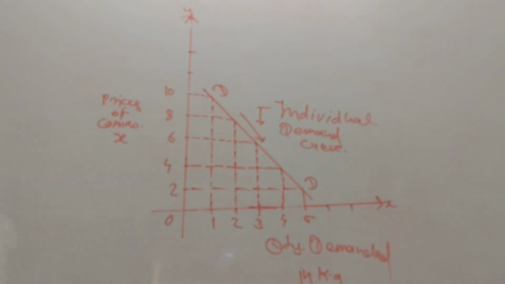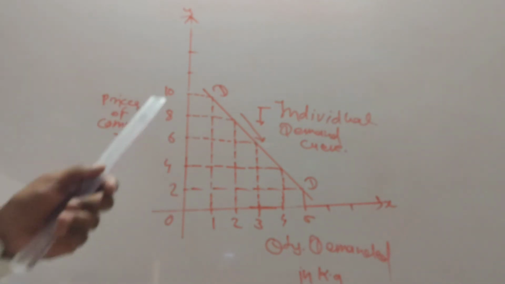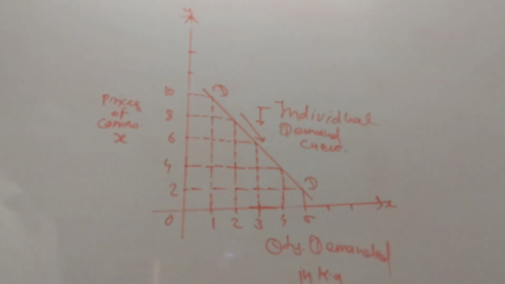Okay, so when we explain this curve or this graph, we observe that when there is a fall in price, there is a rise in quantity demanded of the commodity.